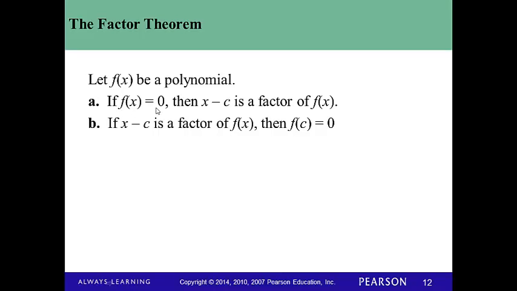If f of c is equal to 0, then x minus c is a factor of f of x. Just think about, remember when it's equal to 0, you are finding the x-intercepts, right? Which means x minus c is a factor. If x minus c is a factor, then f of c equals 0. It's just a theorem that basically says what we've been working through, dividing polynomials, and whether it's a factor or not.